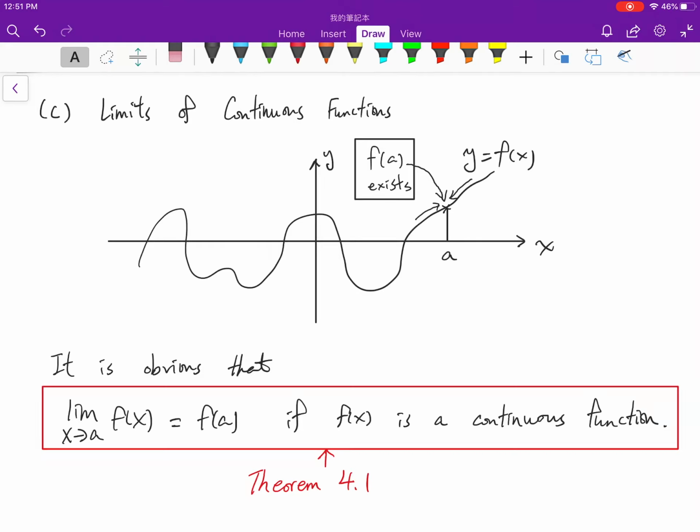Remember, this is very important. Only a continuous function has this feature, and this is actually Theorem 4.1 in your textbook. So here are all the explanations of sections A to C. Now please try to do the quick practice 4.1 on page 4.7. I will show you the answer in another video.